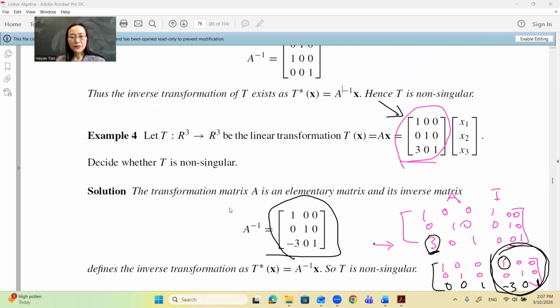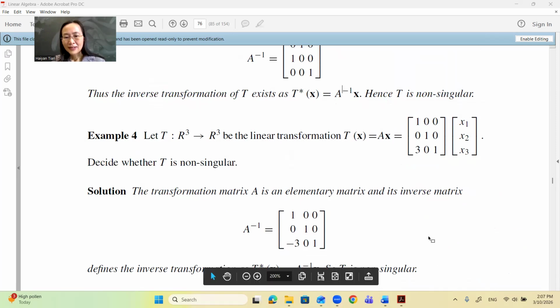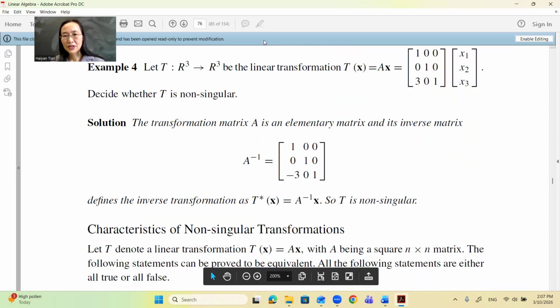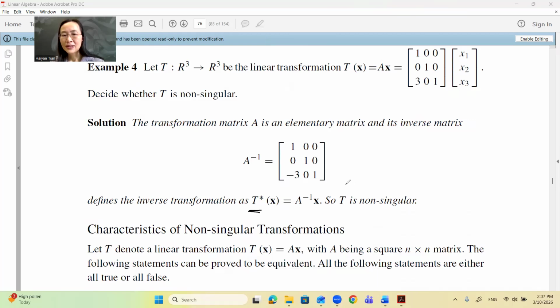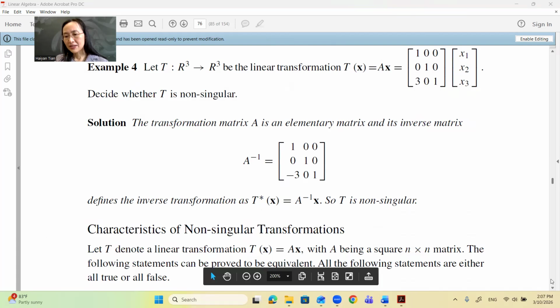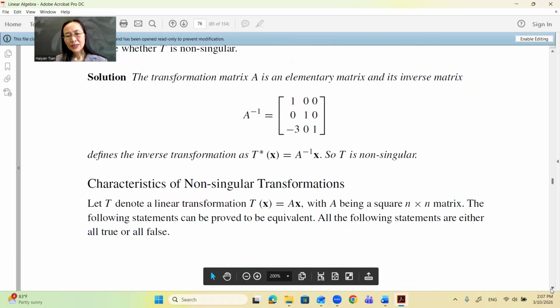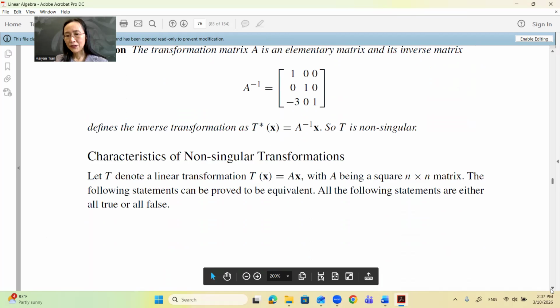So if the inverse exists, then the inverse mapping is just defined by this inverse matrix. Therefore, this mapping T is non-singular. So far, characteristics of non-singular transformations, we can identify a few now.